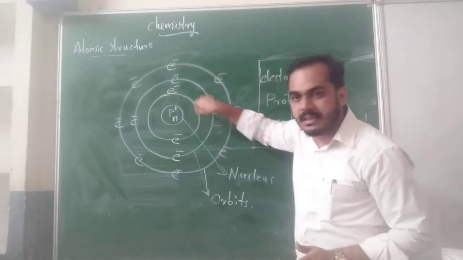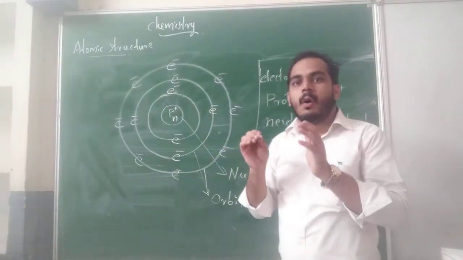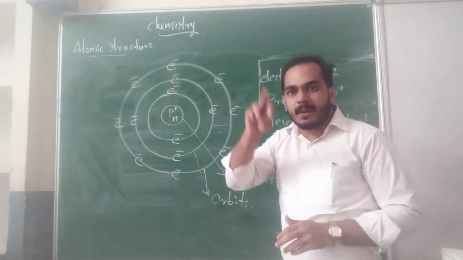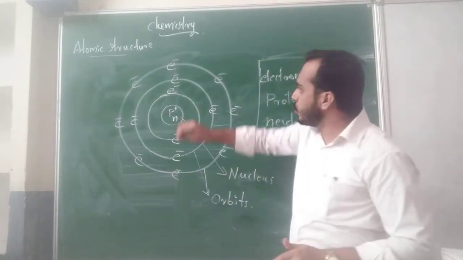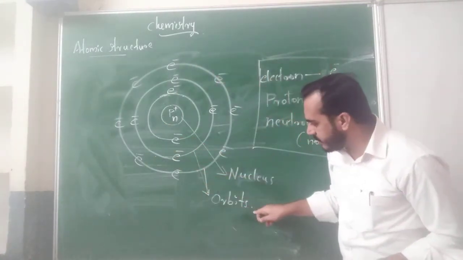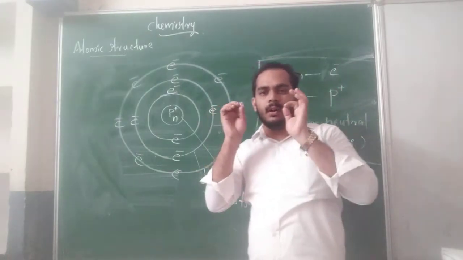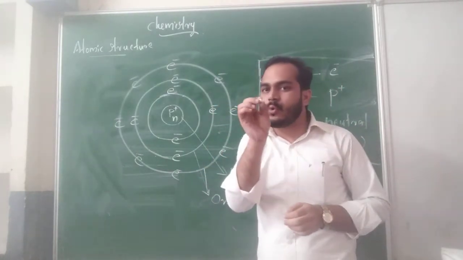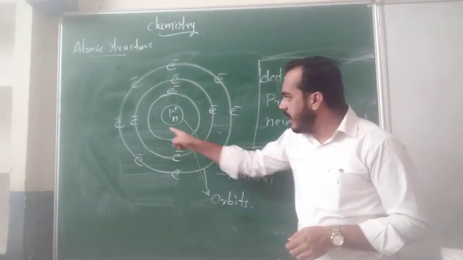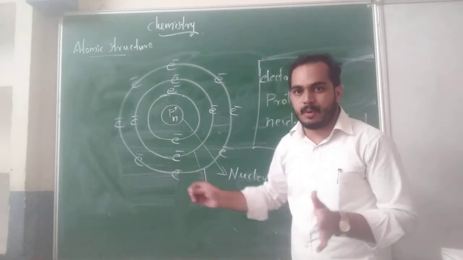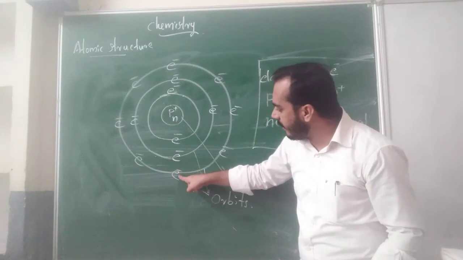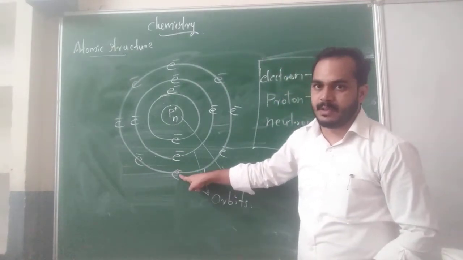The circle is called an orbit. The electrons move in a particular path called an orbit, and only the electrons move in the orbits. So the center is called the nucleus and the circular structure is called the orbits. Where is the electron present? The electron is present in the orbits.